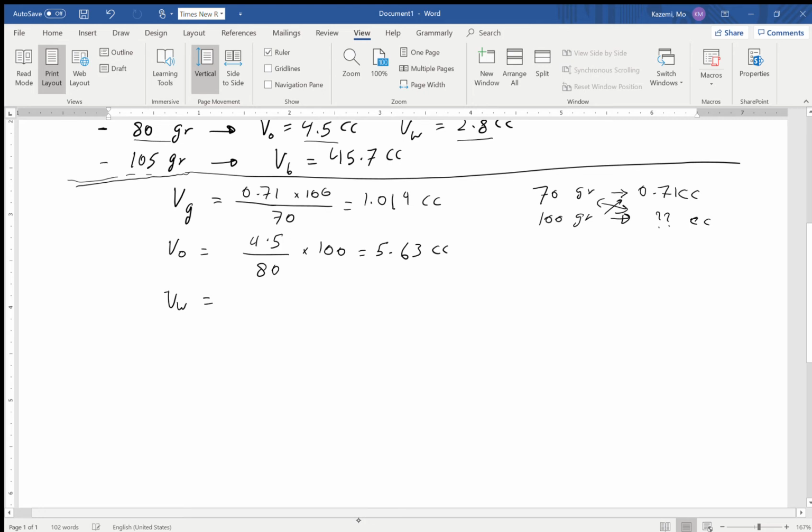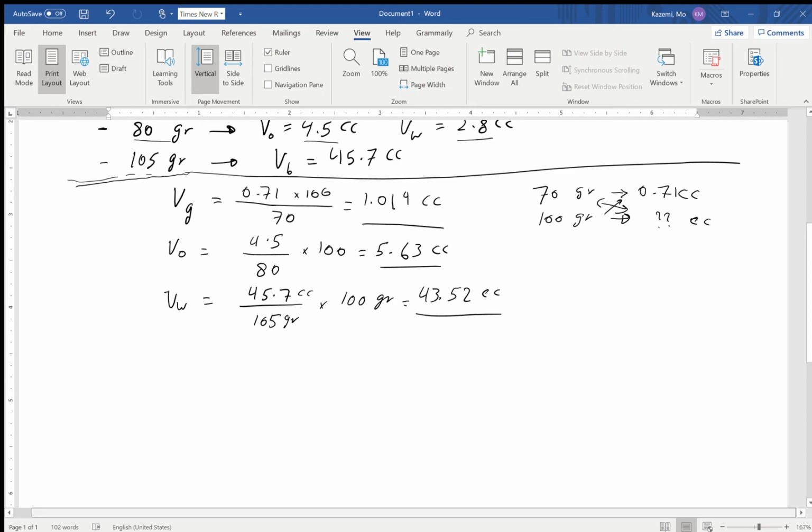So that's 45.7 divided by 105 grams, that's cc, right? Multiplied by 100 grams. So we want to see if we have 45.7 cc of water in 105 gram of the sample, how much water would be in a 100 gram sample. So that's 43.52 cc. So these volumes are based on a 100 gram sample, right?